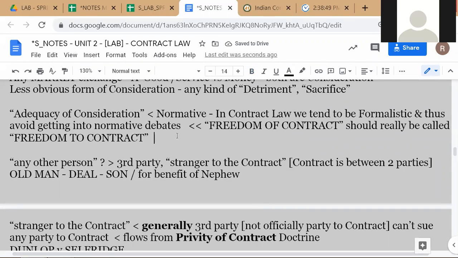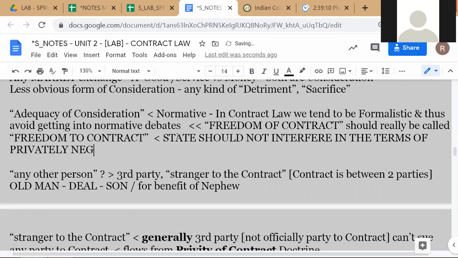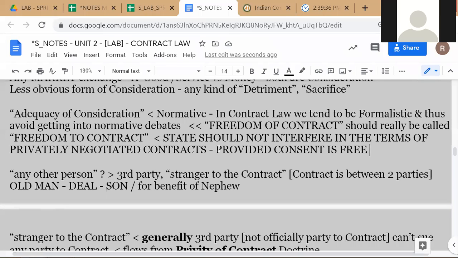So what is freedom of contract? Basically, that the state should not interfere in the terms of privately negotiated contracts, provided consent is free, etc. So that you're not holding a gun to somebody's head, or it's not like the example I gave you where I entered into an agreement with Pulkit to sell me his iPhone for 5,000 rupees, which is vitiated where the consent is not free.